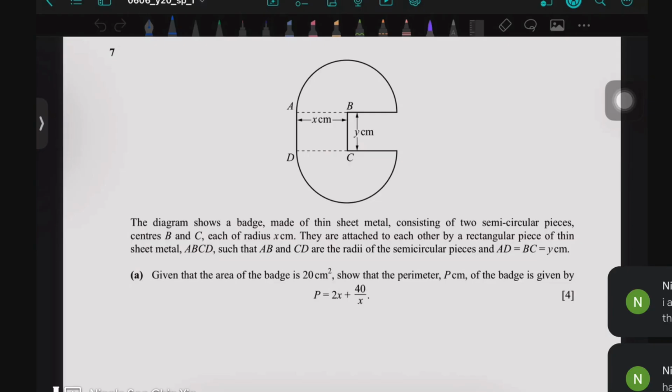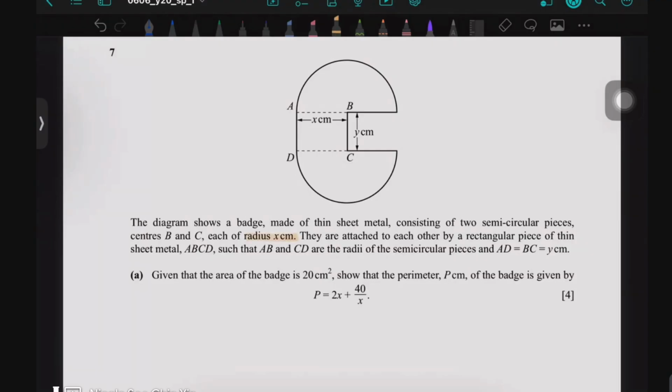Okay, let's start. Now we look at what the question wants. The diagram shows the badge is a thin sheet metal with two semicircular pieces B and C. Radius is x.